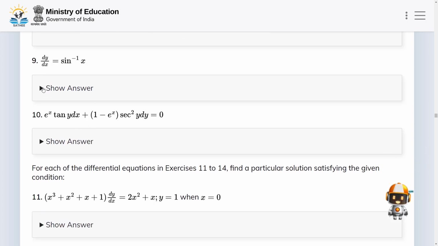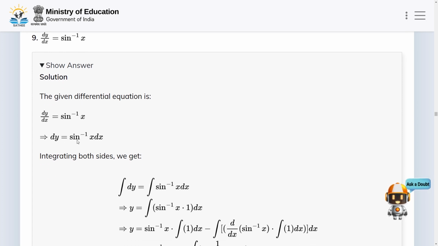Now ninth problem, dy over dx is equal to sin inverse x. Now rearrange the terms to separate your variables, you will get dy is equal to sin inverse x dx. Now integrate both sides. You know how to integrate sin inverse x. You can apply the by parts method.